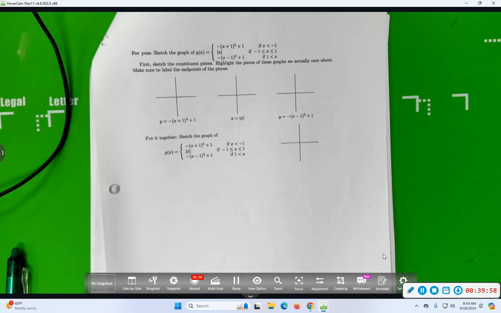It is the absolute value function for x values between negative 1 and 1. It is minus x squared minus 1. Nope. Each of those pieces, are those pieces you can graph? So you know what, let's start with this.